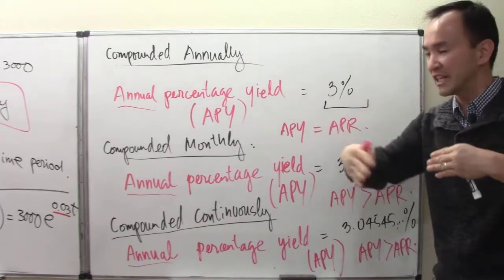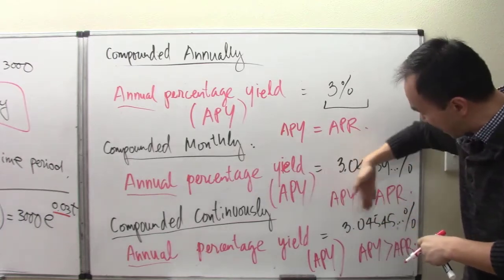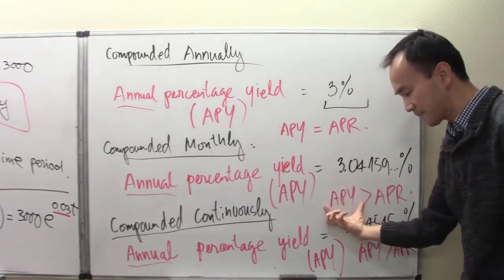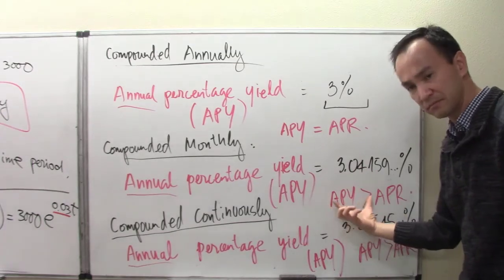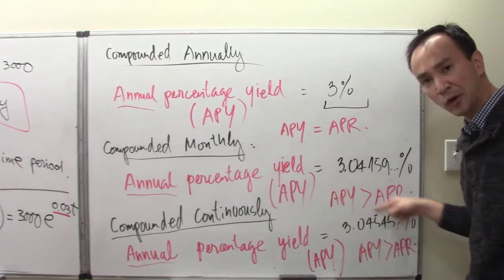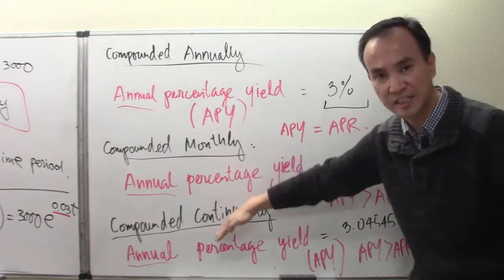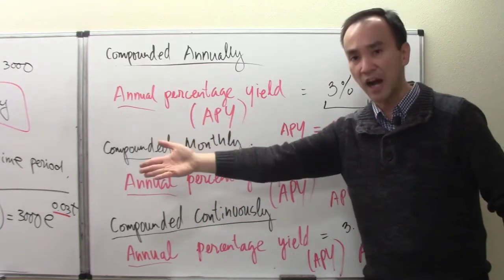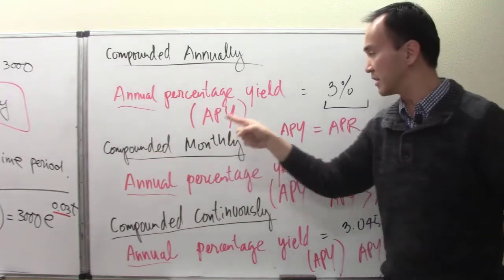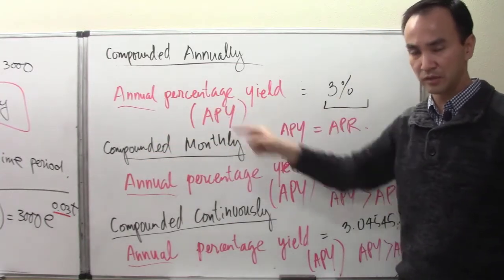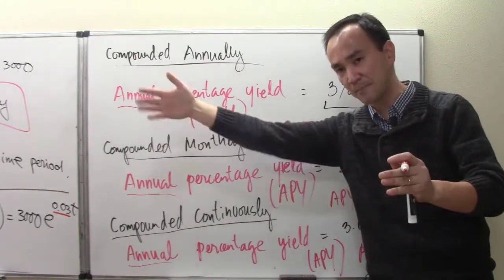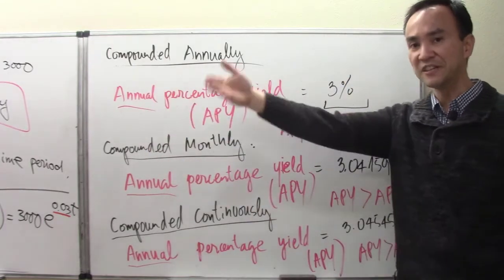The reason it came to APY being higher than APR in this problem is simply the effect of compounding your interest more often, more frequently than going with just the usual plan, which is once per default time period.